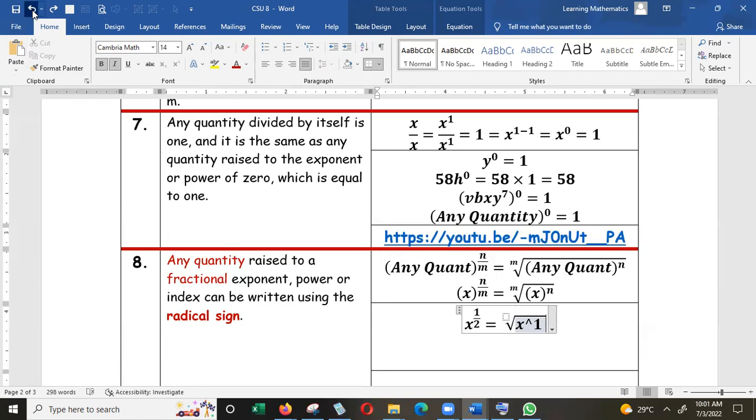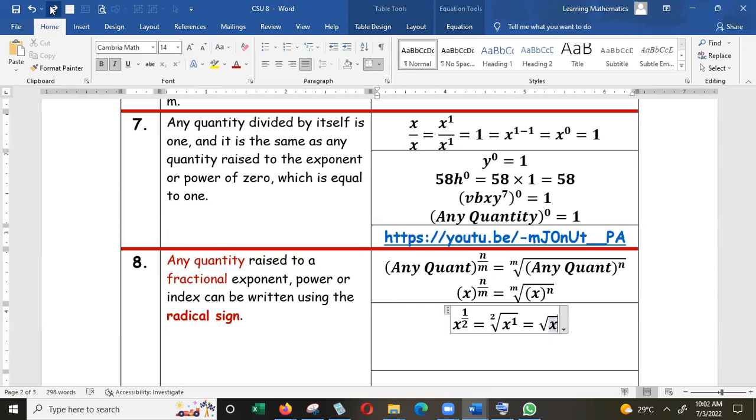Now, since it is common practice, when there is a 2 as the degree of the radical sign, you don't necessarily have to write the 2. So this can be written as the square root of x.